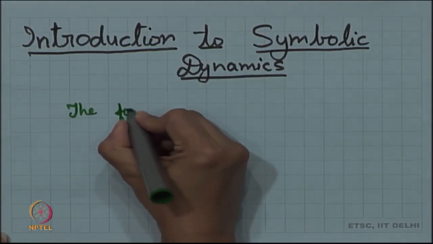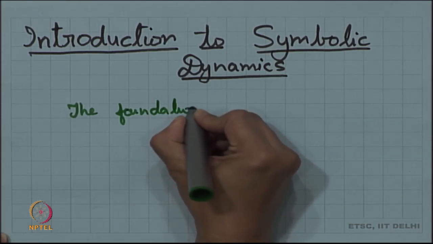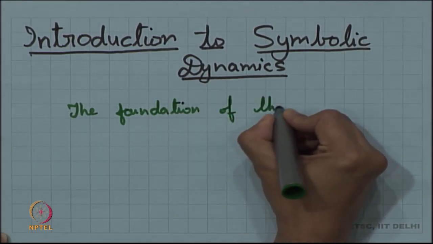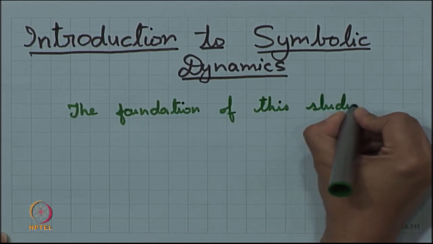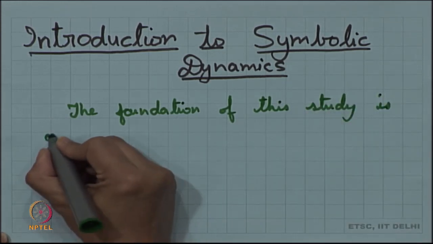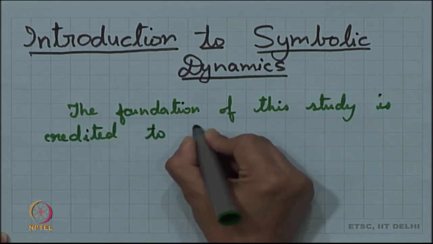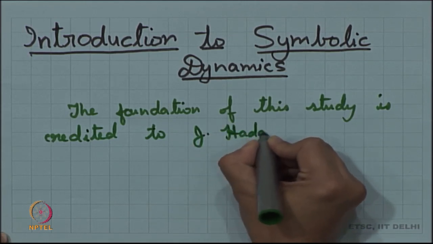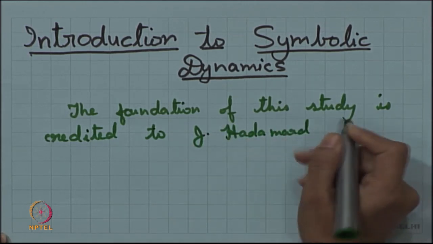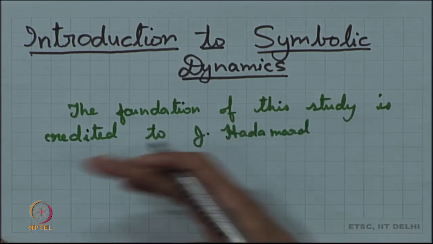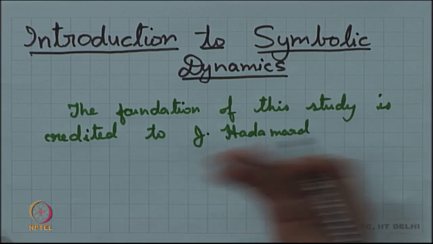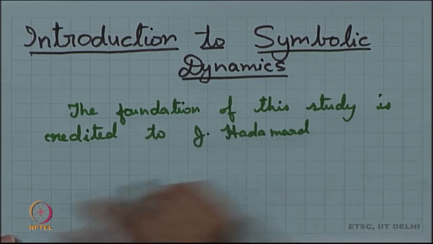So, we start this theory, and it makes sense to mention that the foundation of the study is credited to Hadamard. Basically, he used this theory, or invented this theory, to study geodesic flows on surfaces of negative curvature.